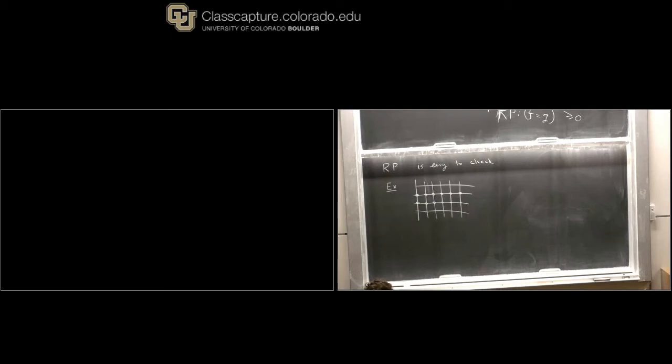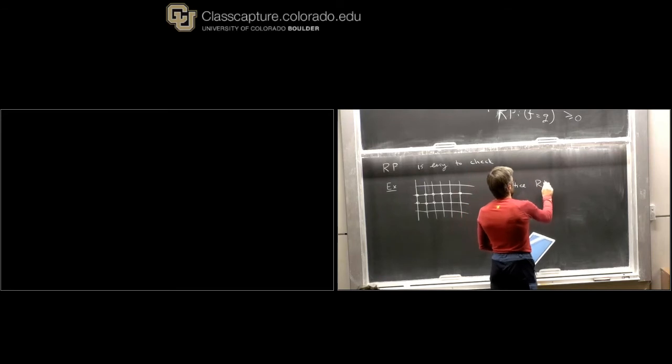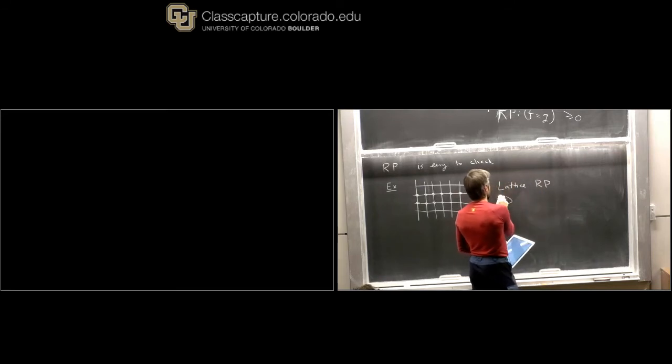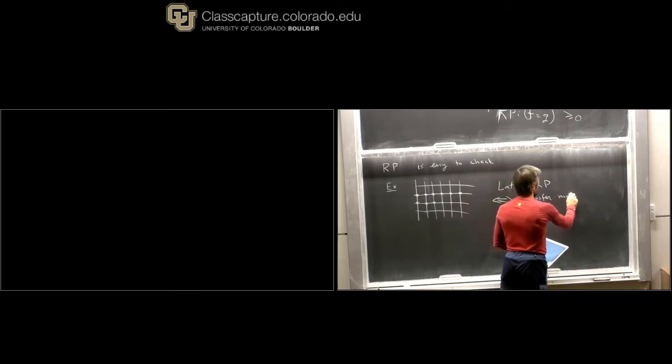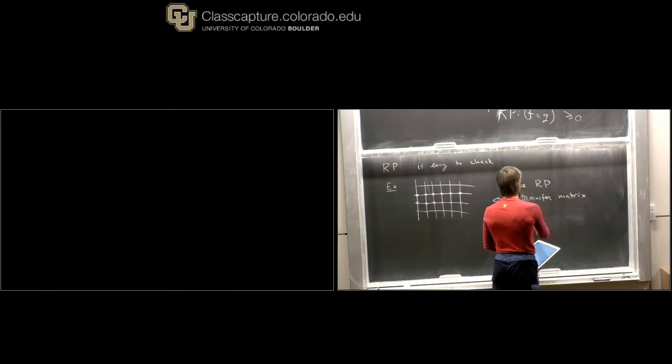You just stare at it, and there is an easy theorem that you can show that if this transfer matrix in the spin variables is Hermitian, then your lattice theory is RP. So a lattice theory is RP basically if the transfer matrix is Hermitian. If you don't know what a transfer matrix is, don't worry. Look it up.